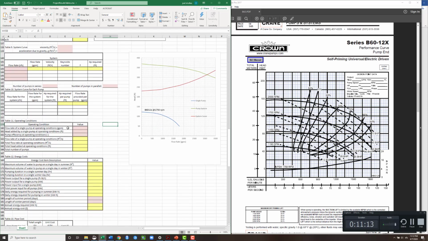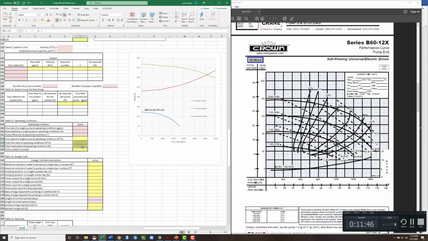So now that we've determined our operating conditions for our pump system, we can put that value in here. We can put the head at operating conditions, the pump efficiency at operating conditions, which is estimated from this table, right? So the efficiency of a single pump operating at that flow rate is going to be the efficiency of the overall system, because each pump will be pumping that discharge.